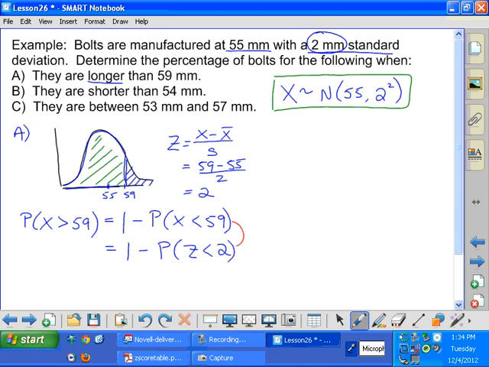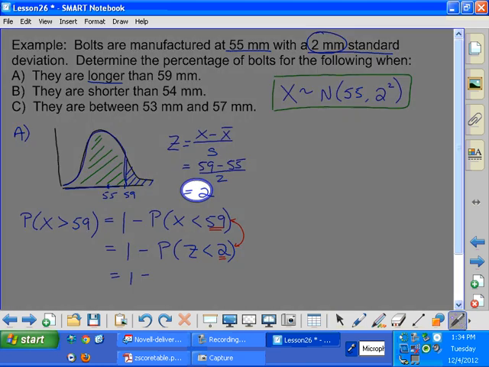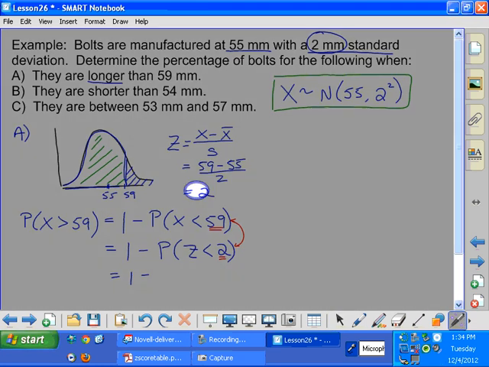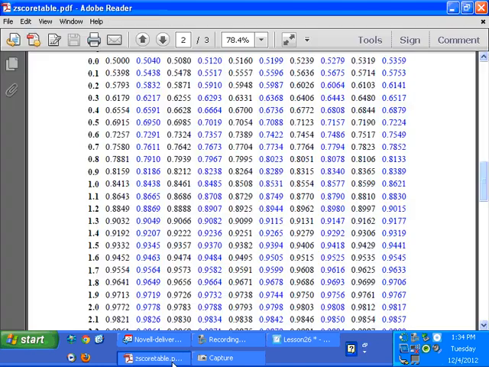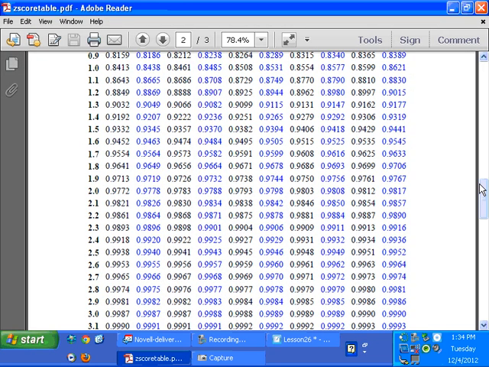One is in terms of the actual measurements of the data, 59 millimeters. Now that 59 millimeters has been converted to a Z-score of 2, to finish solving this, I just need to look up in my Z-score table the corresponding area for a 2. Pulling out your sheet, we look for 2.0.